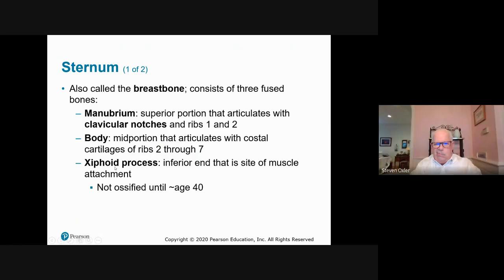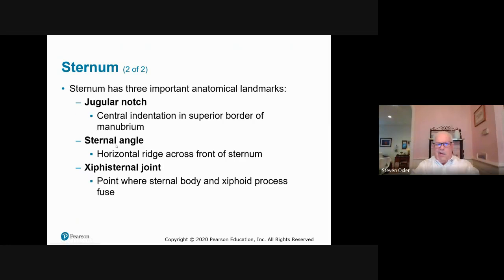If you continue to press on the xiphoid process, you may puncture the heart. This is where you put your finger. This is where you put the heel of your hand when you're doing CPR. So the 3 bones of the breastbone are the manubrium, the body, and the xiphoid process. You don't have to know the notches. That's not important.